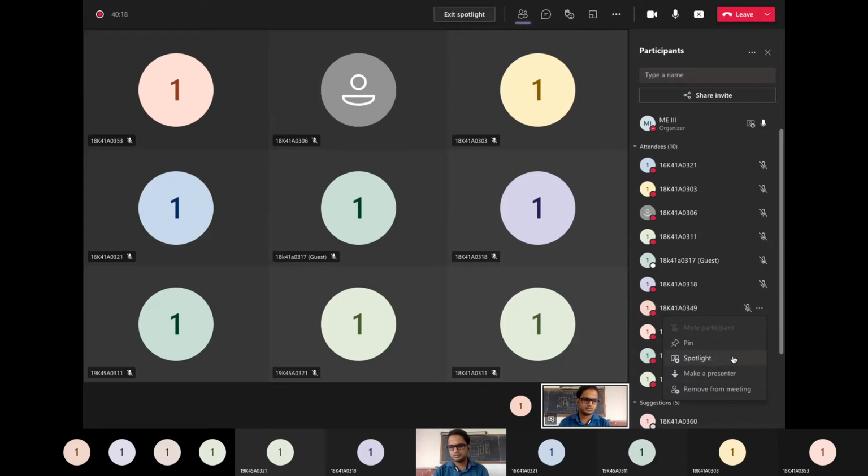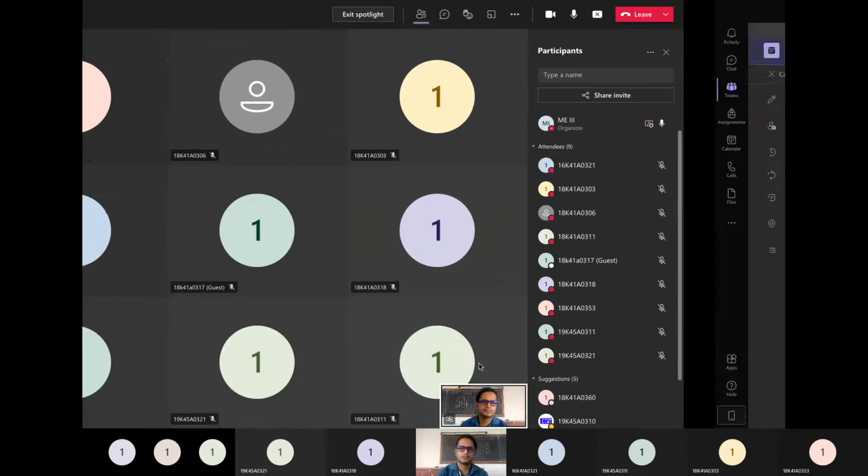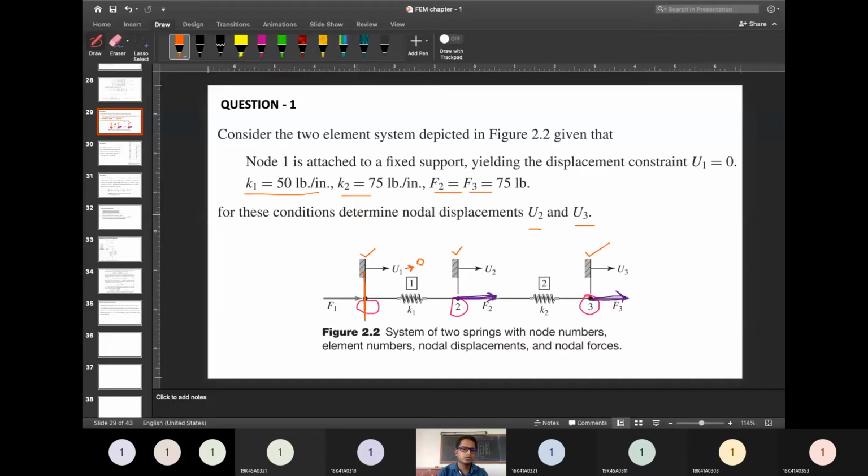Who is this? 349. Try to come on time, or if you are coming just for attendance, then you are going to lose a lot of things. If somebody is coming late, it is actually disturbing the sequence of the teaching. So that's why you come on time.